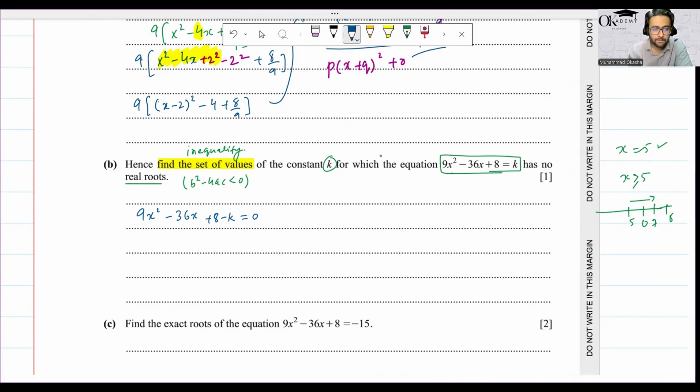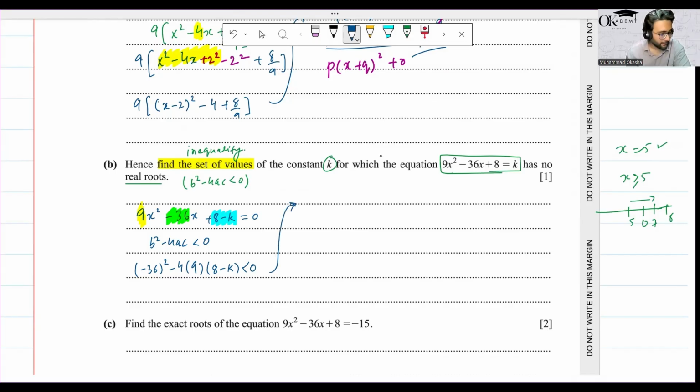So let's do b squared minus 4ac less than 0, which is going to give me negative 36 squared, minus 4 times a, which is 9, times c, which is 8 minus k, all of it less than 0.